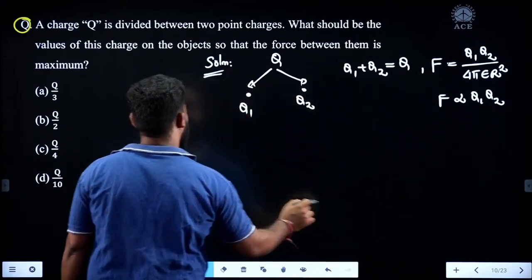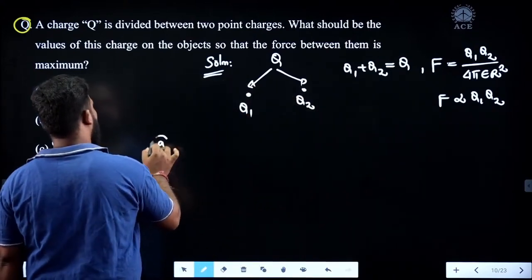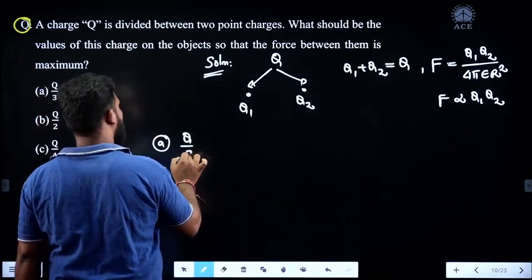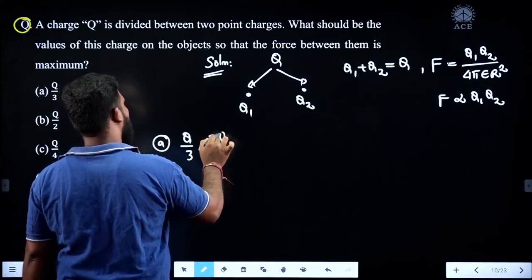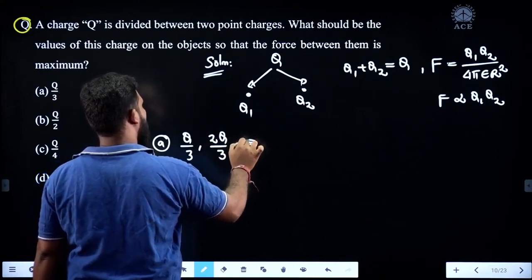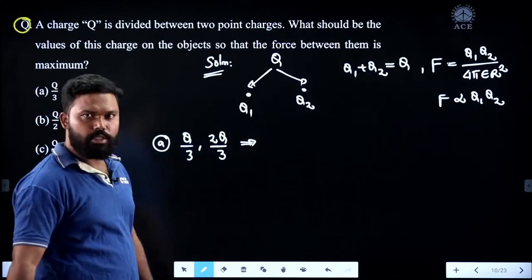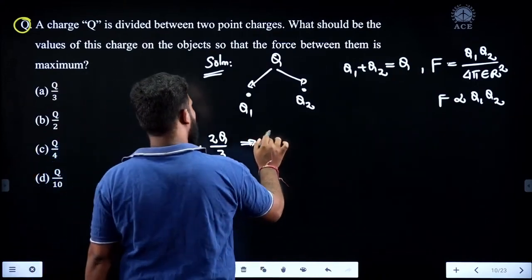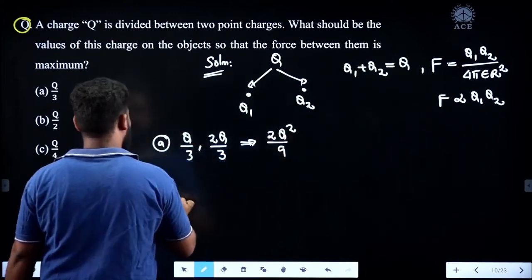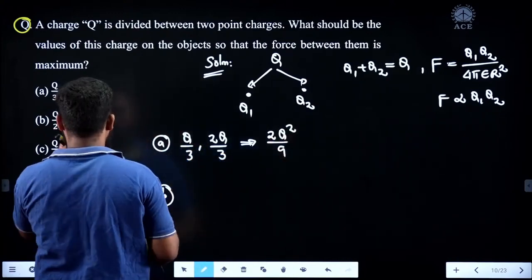Let us take the first option. What is the first option? One of the charges is Q by 3. The other charge will be 2Q by 3. Now let us take the product of these two charges. How much is the product? It is 2Q square by 9. Now let us take the second option.